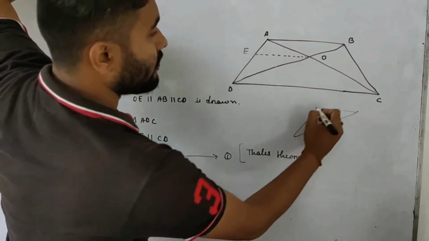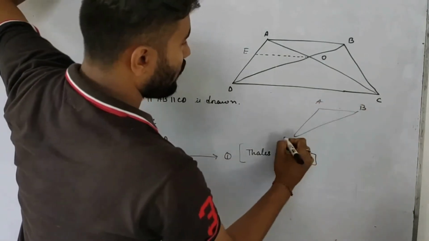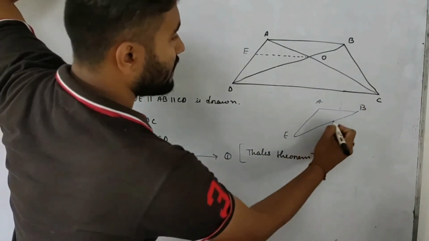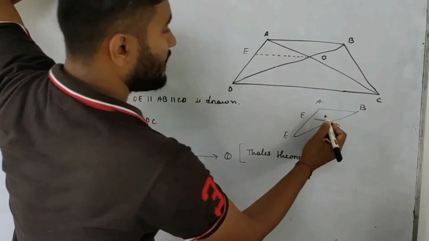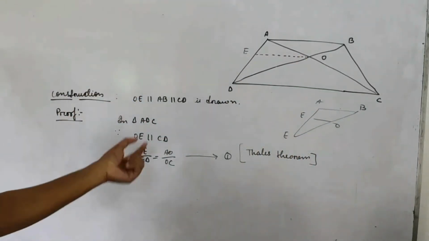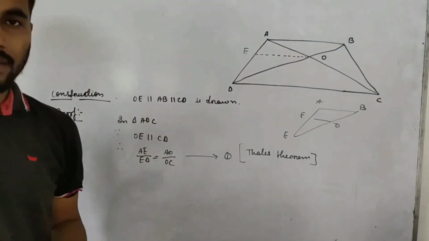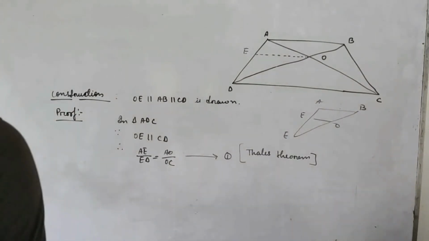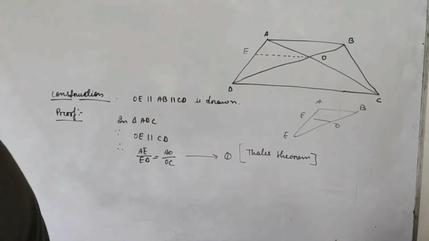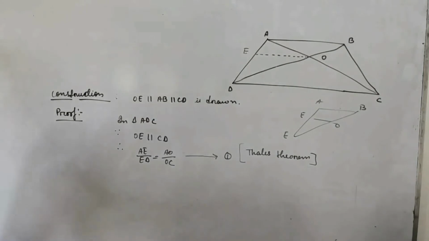Over here AB, over here E is there, right? And this is OE. In this triangle it is there. Then OE is parallel to AB.